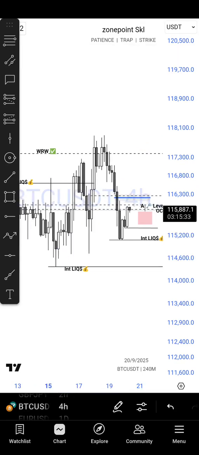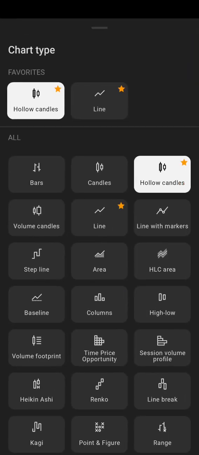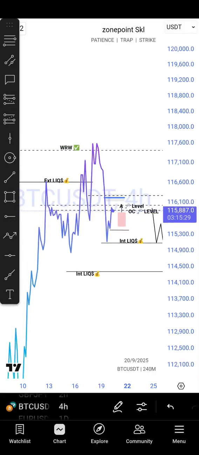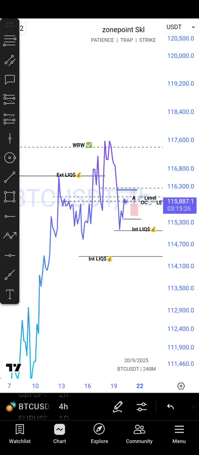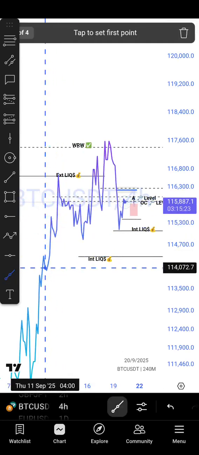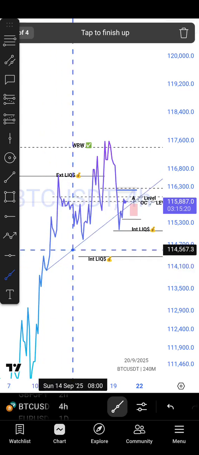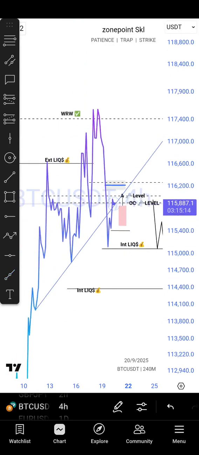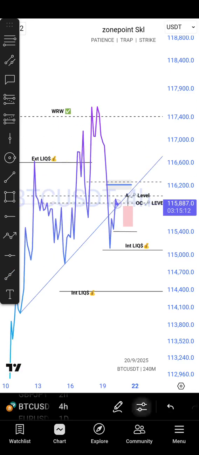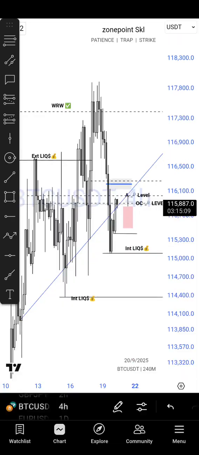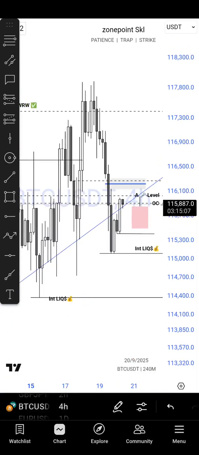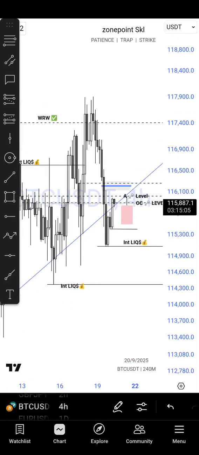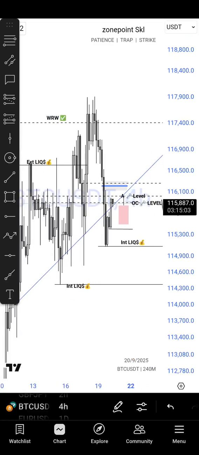So I will delete it. Let me change it to this line again. From this line, let's use this and this to see if we can get what we want. This and this is where price is reacting from to go and buy.